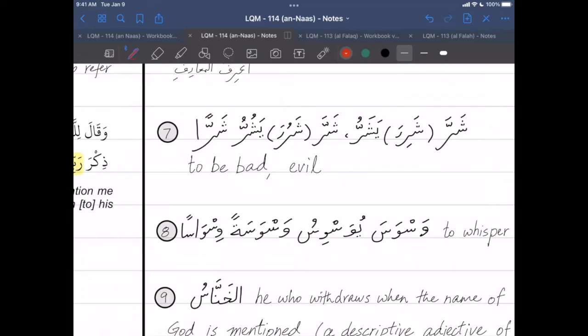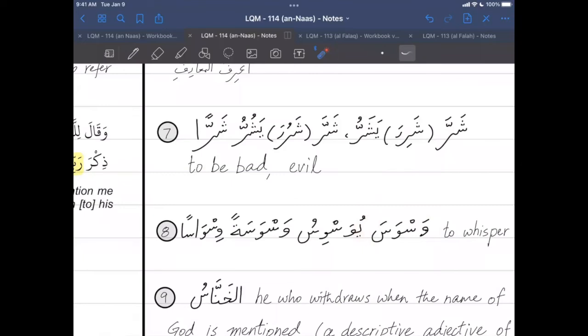Now remember the rule that we studied. I just want to bring it up that if the Madi contains four letters, the harf Mudare will have a dhamma on it. So in this case, Madi waswasa has four letters, and the harf Mudare ya has a dhamma on it. Waswasa yuwaswisu.